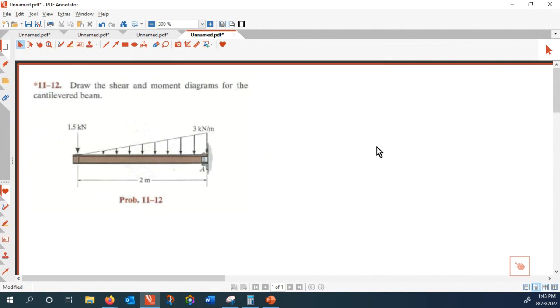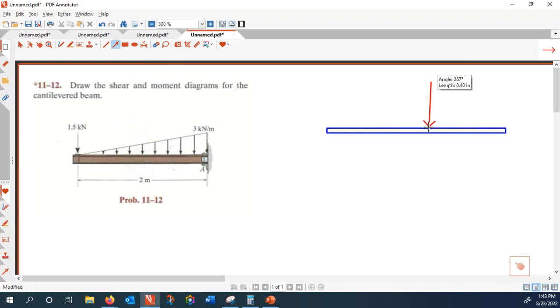All right, so this is a cantilever, and for the cantilever, we have to find out the reactions. To find the reaction, first I need to find the resultant of the distributed load. The resultant is the area of the triangle. So the area is 3 times 2 divided by 2, that is 3 kilonewton.